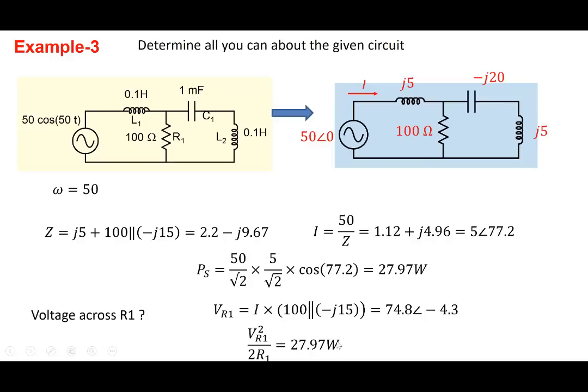So 27.97 watts. With the approach that we have now, we can take any complex circuit consisting of resistors, capacitors, inductors, and dependent sources, and analyze them using the concept of phasors. The procedure is to first transform the given circuit into a phasor circuit: identify the frequency and convert all the elements into their complex impedances.